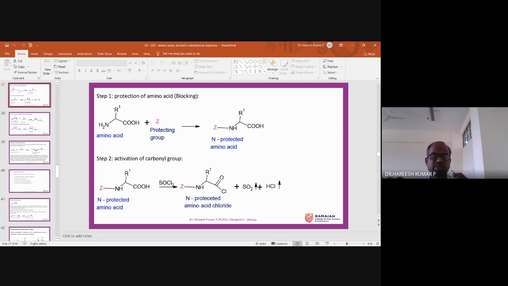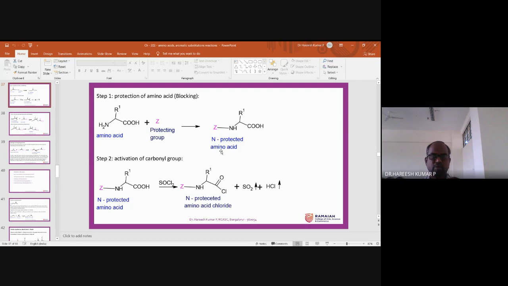In those specific methods, we discussed the hypobromide reagent. Hypobromide selectively cleaves the peptide bond between the tyrosine and the adjacent amino acid. Similarly, we discussed NBS.